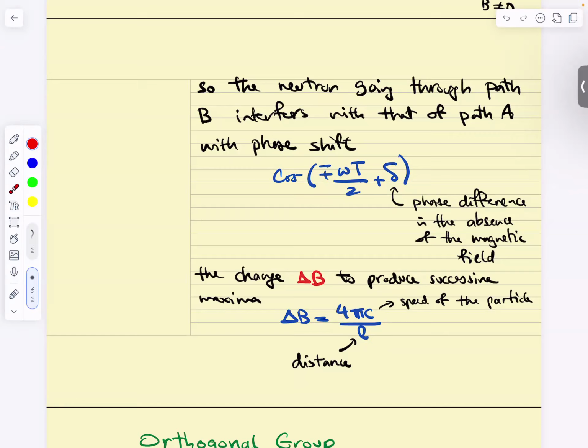What is the difference between B being zero and non-zero? When B is 0, this particle propagates all the way. When B is non-zero, during this length, during this time, as it goes through this, it undergoes an extra evolution, which is e to the minus i omega t over 2 phases.